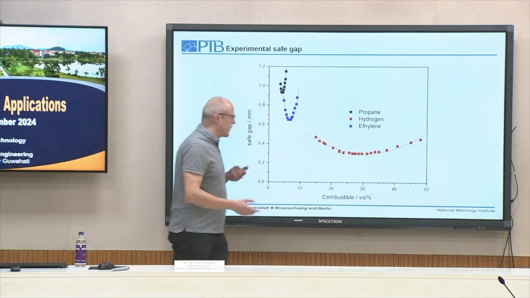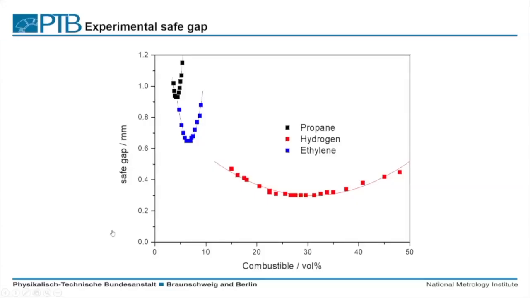This also depends on the mixture composition for the different combustibles here: propane, ethylene, and hydrogen again. Here we are around 27.5 volume percent where we find the minimum. So these values are mostly near the stoichiometric mixture composition.